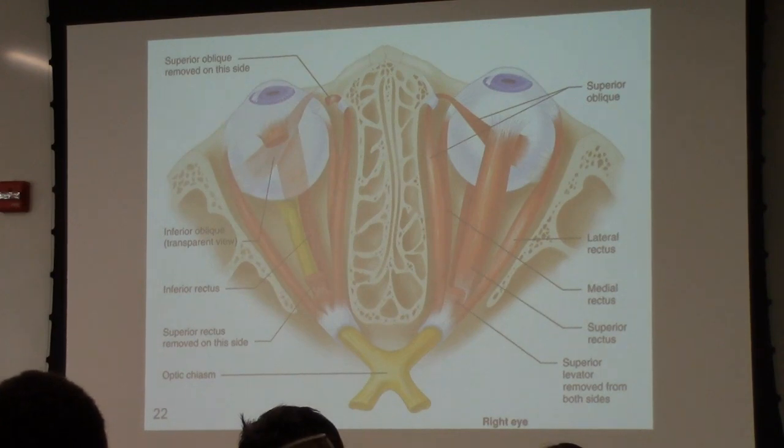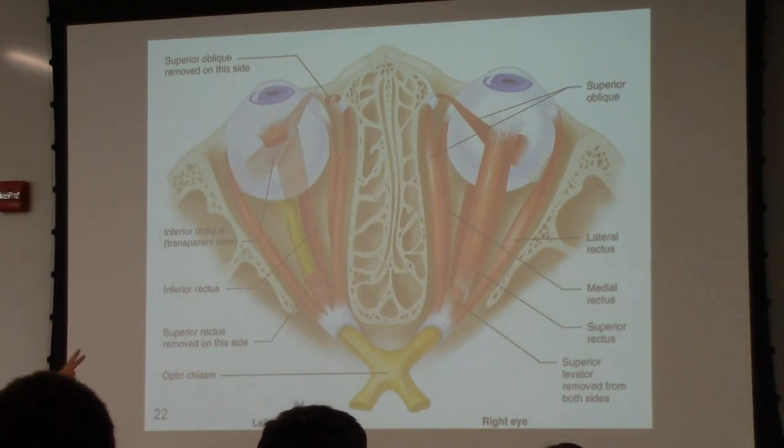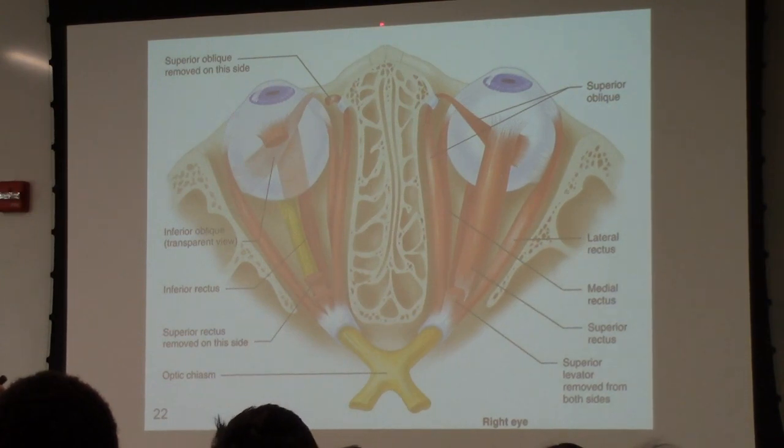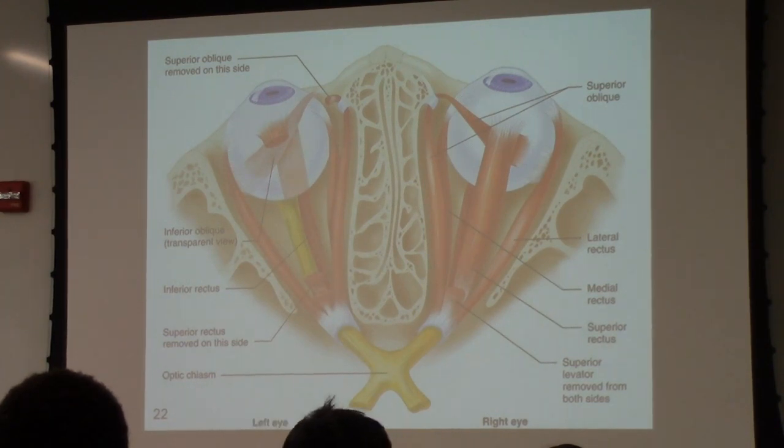So this is a superior view of the eyes. Anterior, this would be the nose. Posterior, here's the optic chiasm. An idealized superior view of the eyes. There are muscles that control the movement of the eyes. So let's just go through them. This muscle here, which doesn't have a label on this side, but does have a label on this side, it's the same muscle.